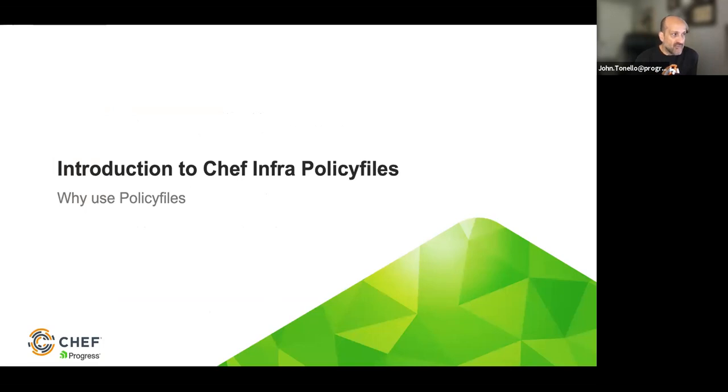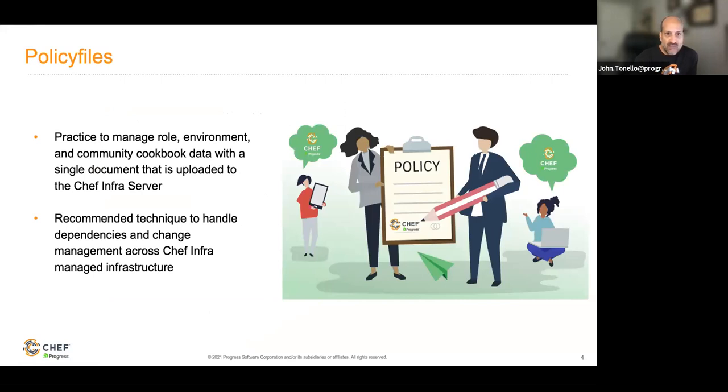So, introduction to Chef Infra Policy files, why use them. When you're putting together a cookbook, you have a lot of different pieces. And the typical practice would be, okay, I've created a cookbook.